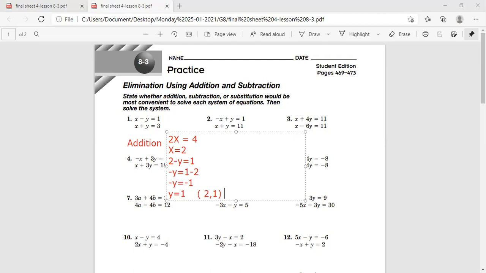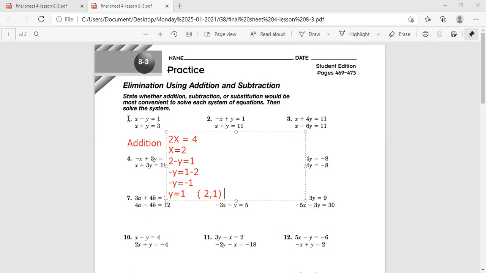Do we have any more steps, or do we stop? You can check. What about if you want to check your answer? We will put the number 2 instead of x, and 1 instead of y, which means you go back to the original equation and check your answer.